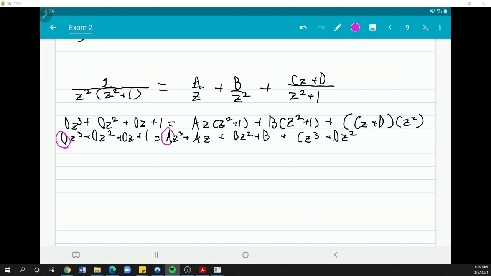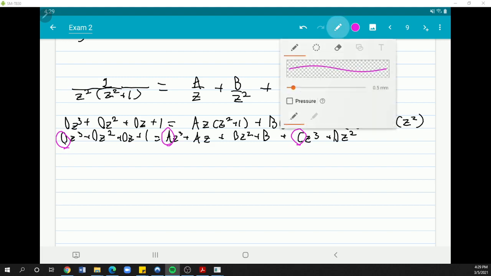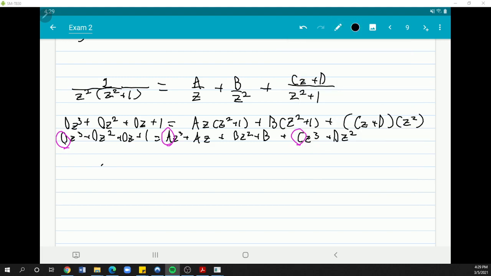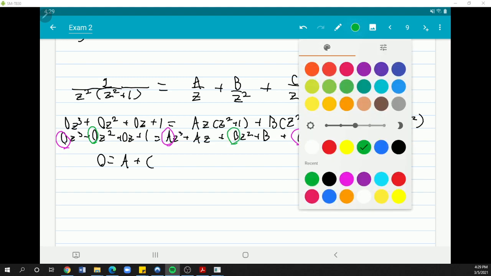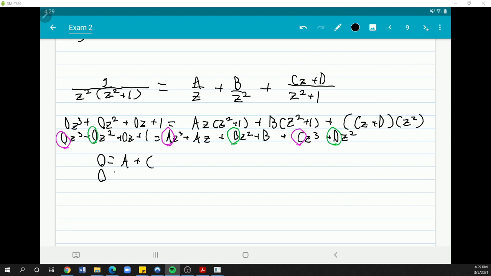And now I do that same trick that I did in the last problem where I look at everything that has a z cubed in front. So this equation says 0 is a plus c. Now I look at everything in front of a z squared. So there's a b and there's a d. So 0 equals b plus d.